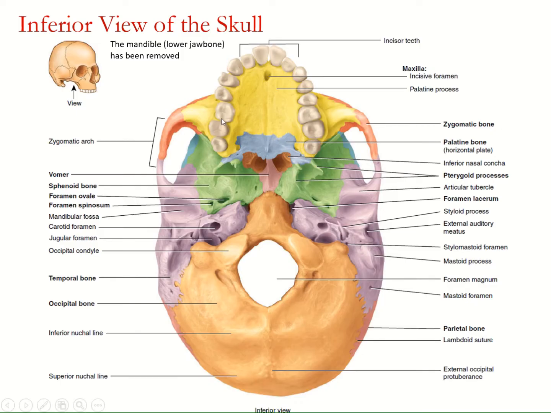So we see the upper set of teeth, the part of the maxilla. Then we have here the vomer, and then the occipital bone, then the temporal bone over here.